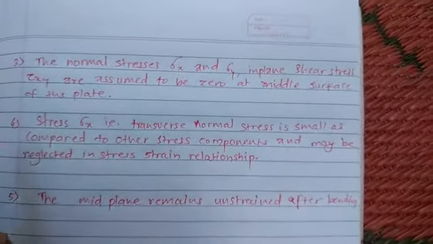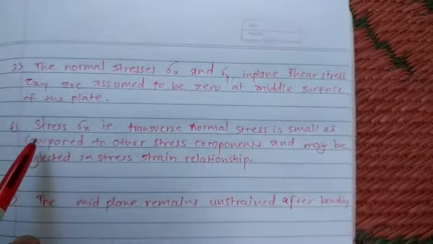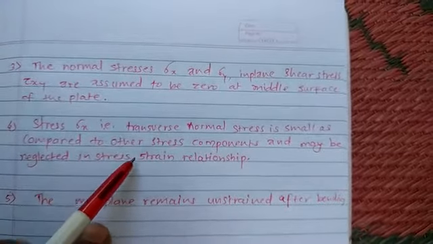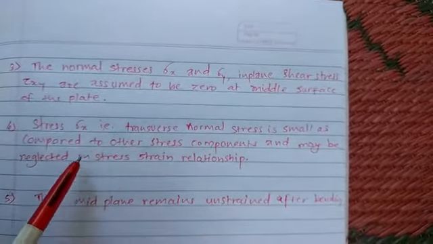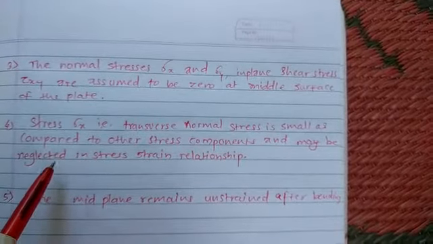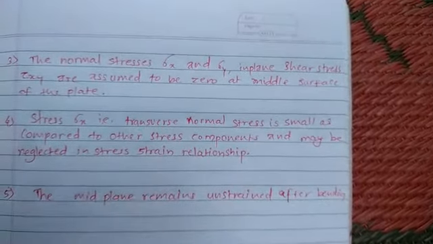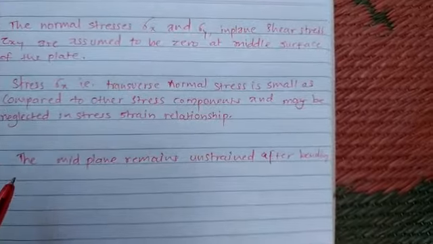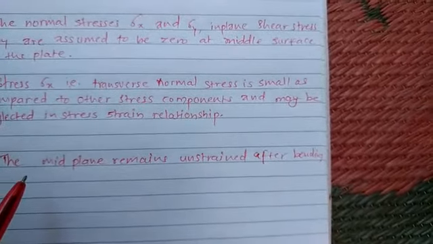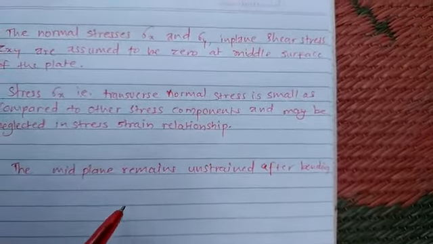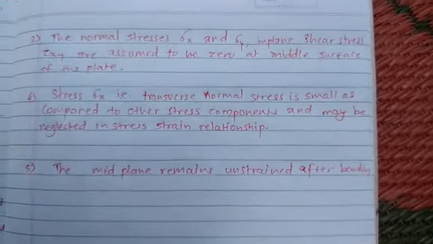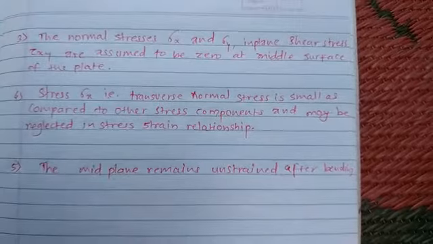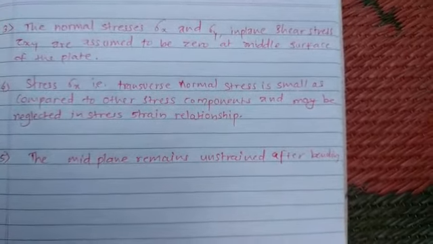Then the fourth assumption is that the stress sigma z, that is transverse normal stress, is small as compared to other stress components and may be neglected in the stress-strain relationship. And the last one is that the mid plane remains unstrained after bending. So these are the assumptions of Kirchhoff's small deflection theory.